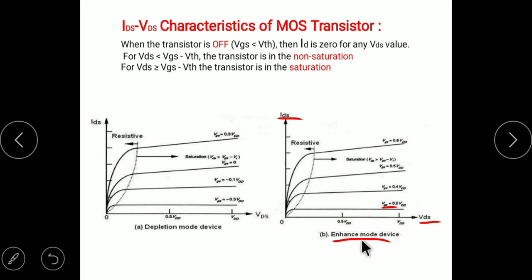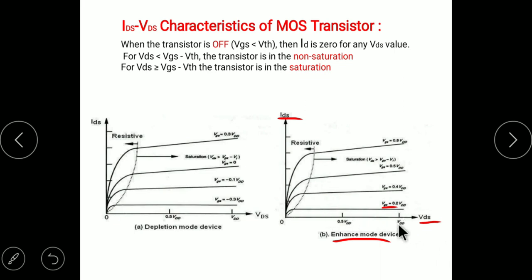In enhancement mode, the channel is absent initially. You have to enhance or develop the channel by applying gate voltage. After applying gate voltage, the negatively charged ions will be attracted towards the gate region, hence they form the channel. Through this channel, electrons can flow from source to drain, hence the drain current.